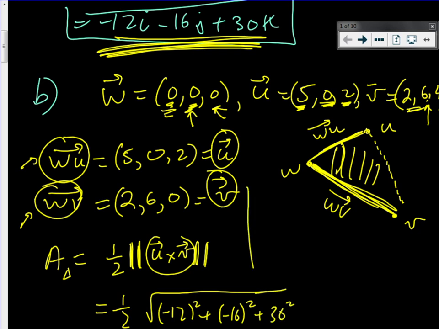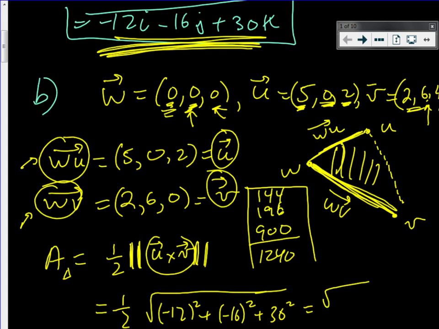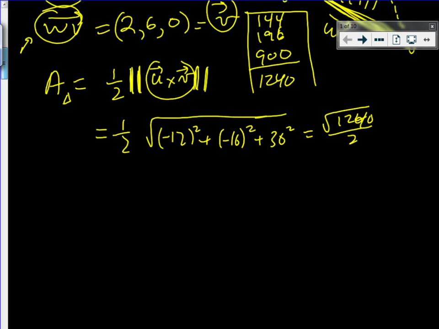Right here, I'll do that calculation. 12 squared is 144. 16 squared is 256. And 30 squared is 900. That's 1300. So you get the square root of 1300 divided by 2.